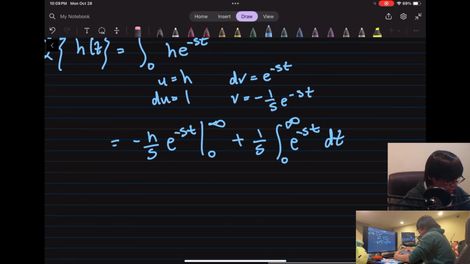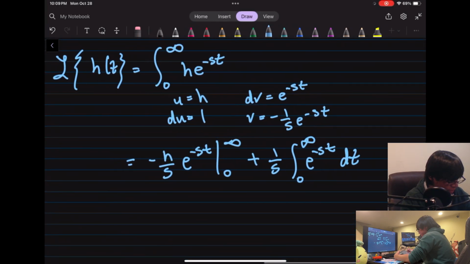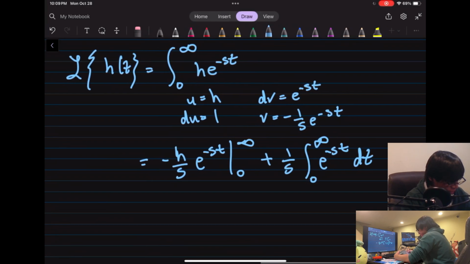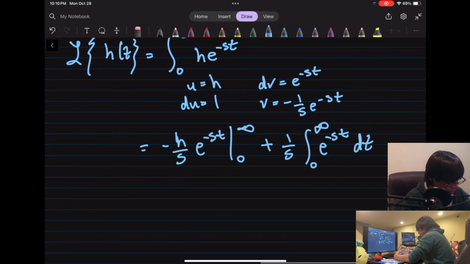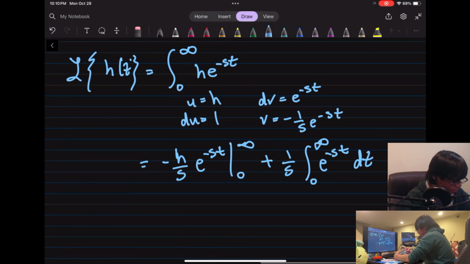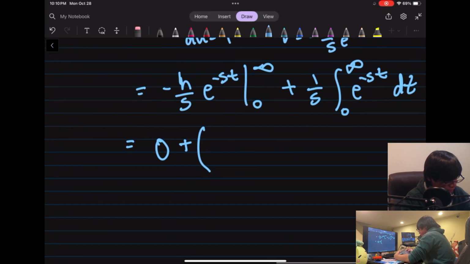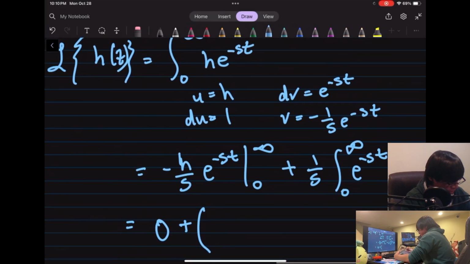So yeah, hopefully there's nothing I'm missing here. Did I do this correctly? I think so. Yeah, this is it. So if we evaluate this at infinity, again, exponential wins, so we have 0. We subtract, but there's a negative in front, so we add, and then at 0 we have... I don't think I did this correctly.